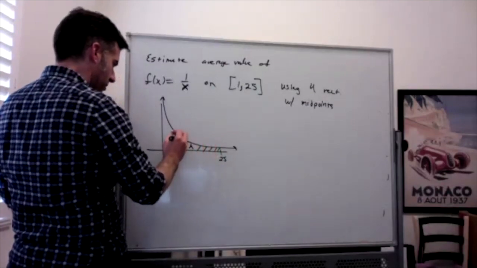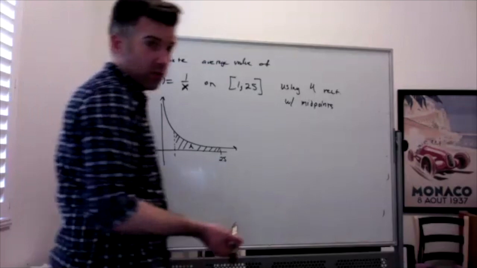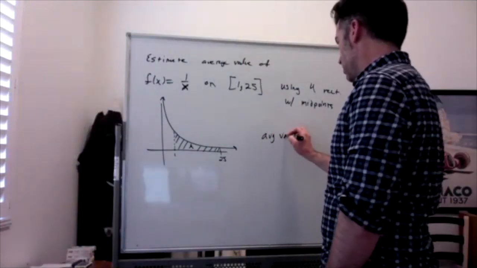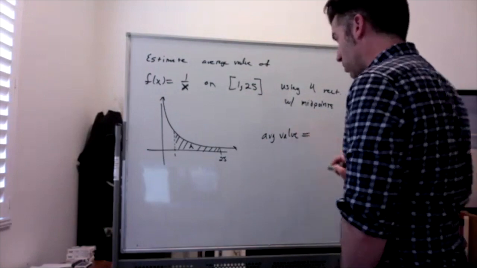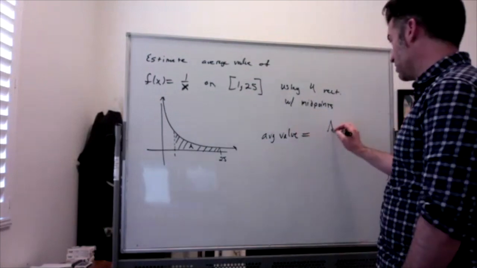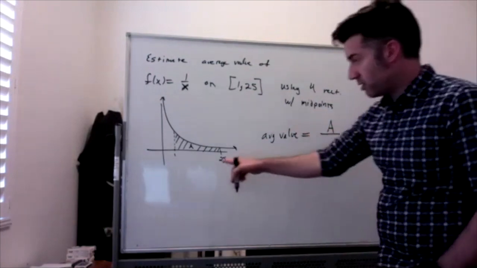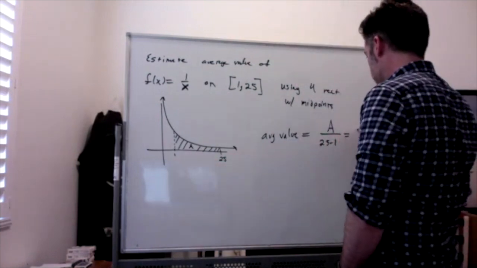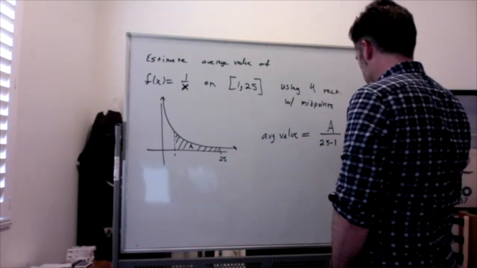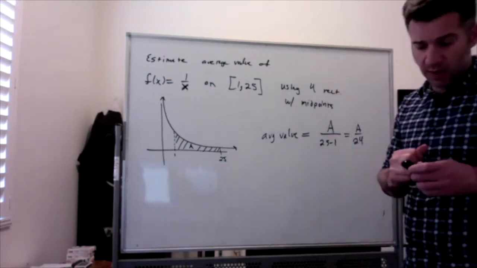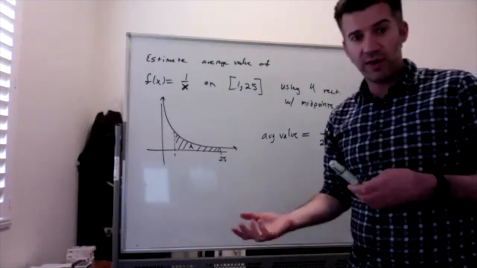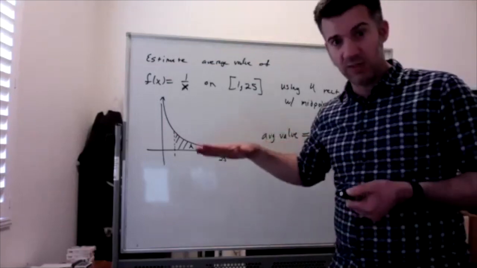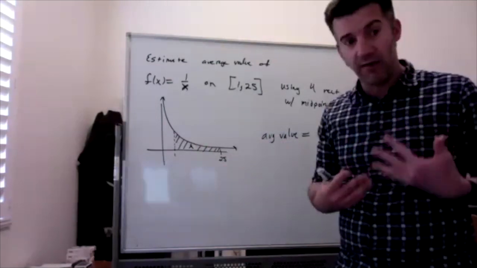whatever it is, let's say we got it. Well, then the average value would just equal whatever that area is divided by the length of the interval. And there's a couple ways of thinking about this. One way of thinking about it is you're essentially finding what the average height of this function would be.